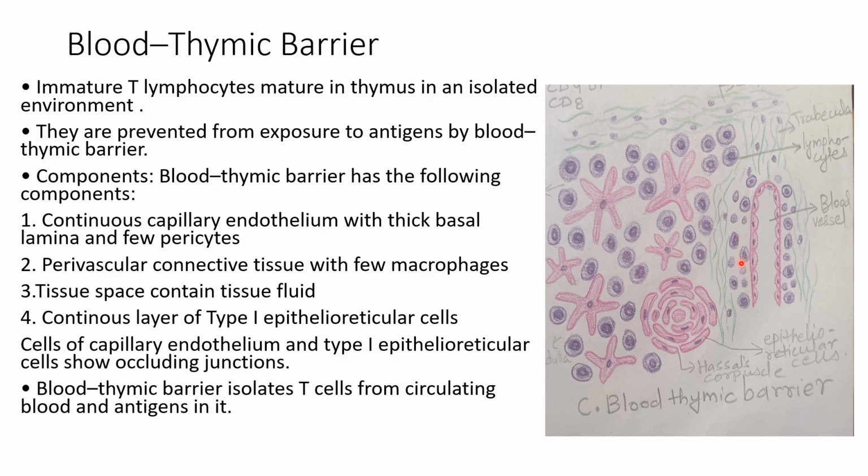So this is the blood thymic barrier. And why is the blood thymic barrier present? Because the immature T lymphocytes, till they become immunocompetent, are present in an isolated compartment, and they are prevented from exposure to the antigens present in the blood vessel.